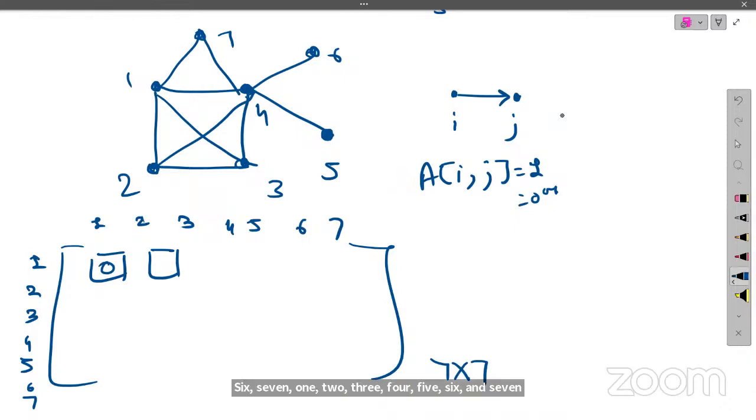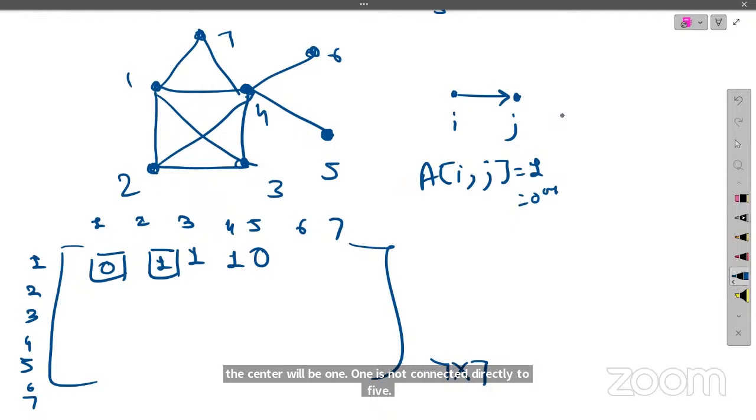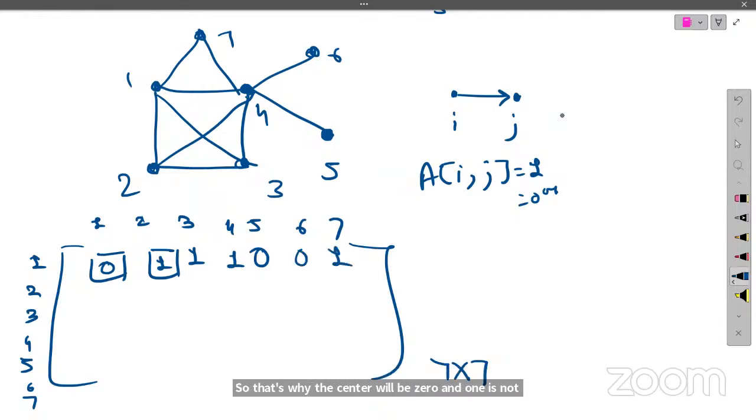Okay, 1 is connected to 2, so this entry will be 1. 1 is connected to 3, so this entry will be 1. 1 is connected to 4, so this entry will be 1. 1 is not connected directly to 5, so this entry will be 0. And 1 is not directly connected to 6, so 0. And here we have 1. So in this way, we can associate a matrix to a graph, and that matrix is known as an adjacency matrix. Is that fine, adjacency matrix?